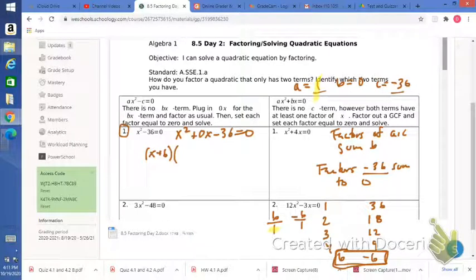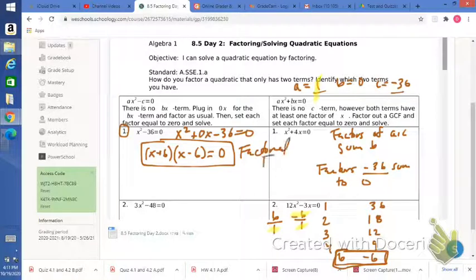And then our next set of parentheses, we put a 1x first, or x, and then what goes second? A minus 6. And this right here is factored form. So if it said, hey, factor x squared minus 36, there's what you do.